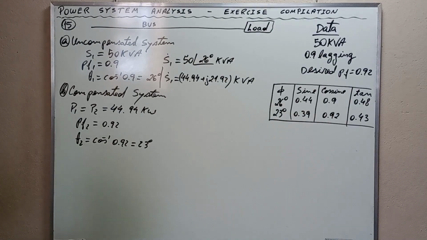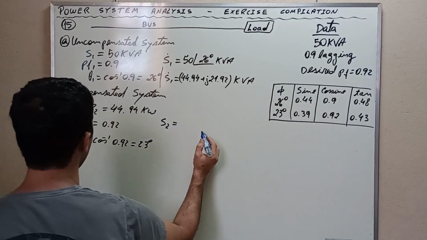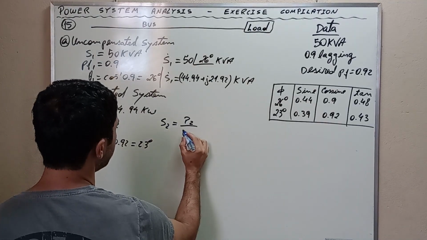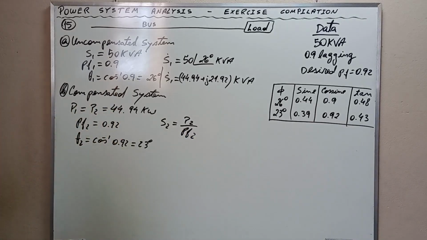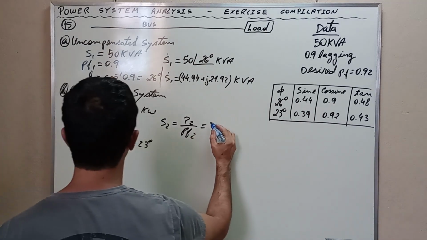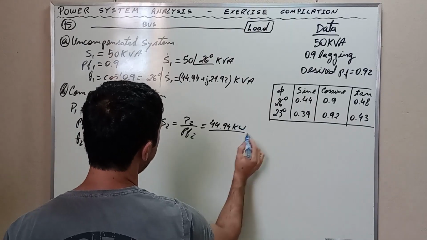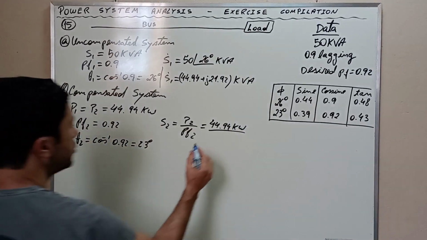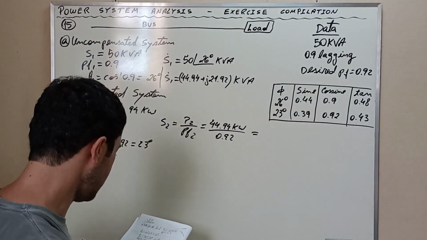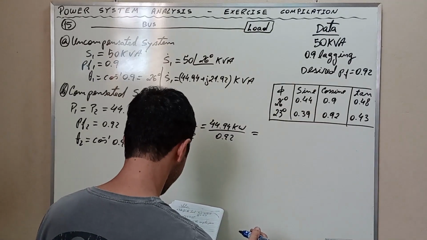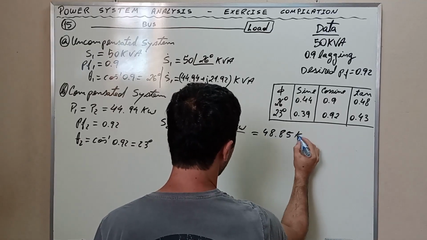We have to calculate the apparent power. The apparent power 2 is going to be equal to P2 divided by the power factor number 2. And this is going to be equal to 44.94 kilowatts divided by the new power factor, which is 0.92, and the apparent power is equal to 48.85 kVA.